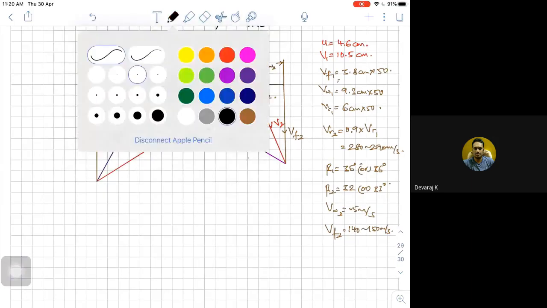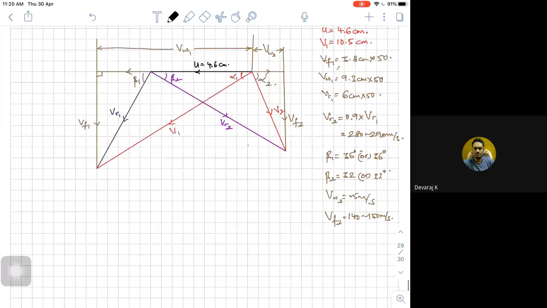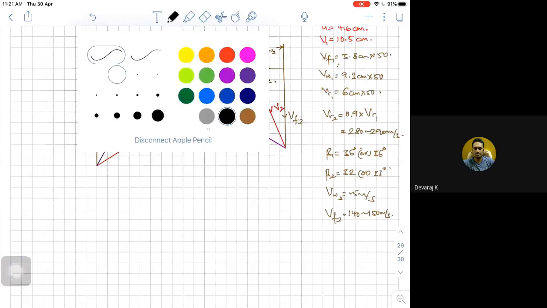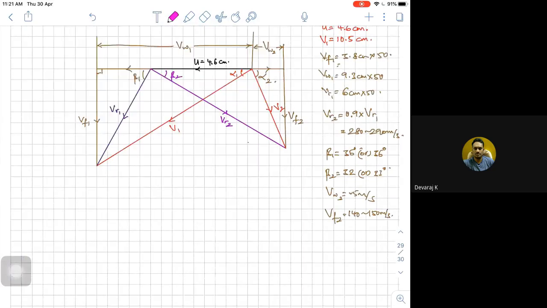Now, suppose the same problem is there for multi-stage. What we try to do in multi-staging is keep the first stage as it is.